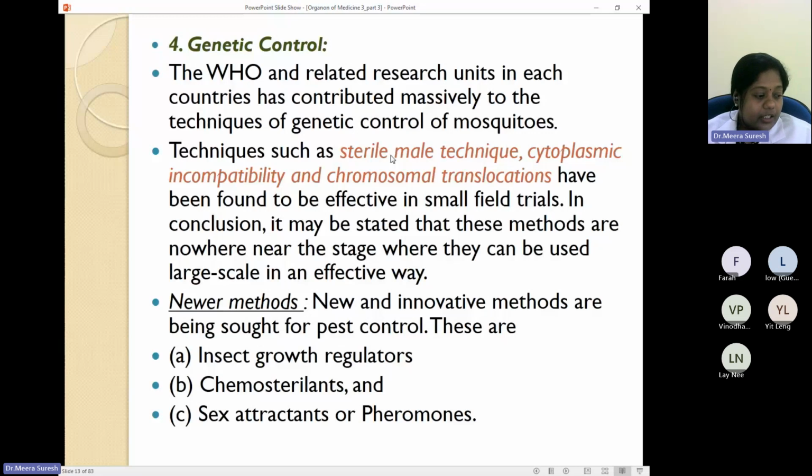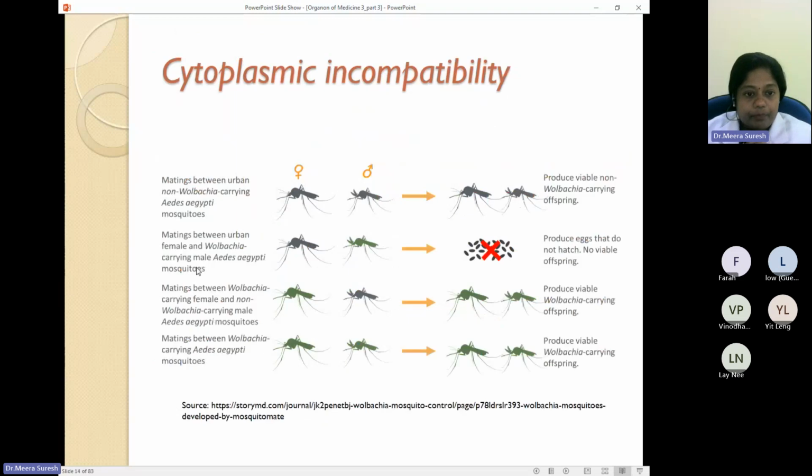Another one is cytoplasmic incompatibility. In cytoplasmic incompatibility, there is a particular bacteria called Wolbachia.